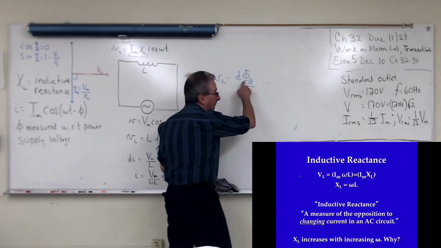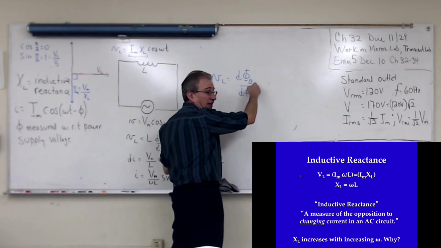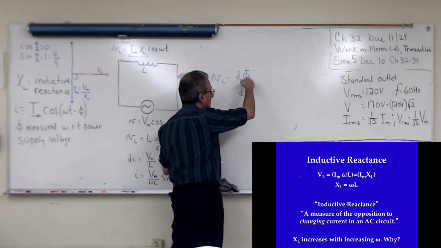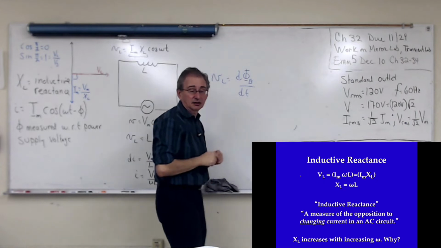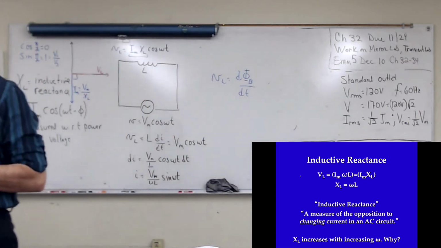It comes from a time-varying magnetic field. The faster this changes, the faster the field changes, the bigger d phi dt is. And so you have a greater opposition to a changing current.